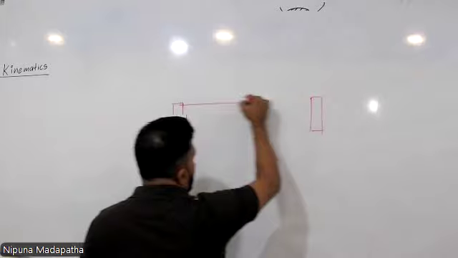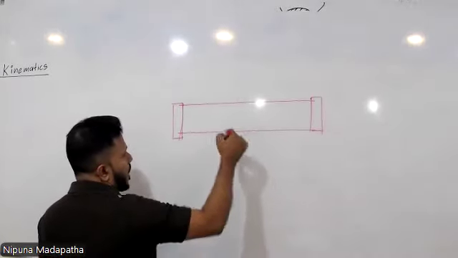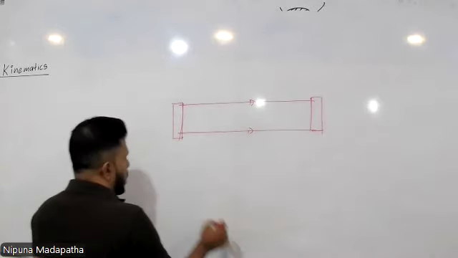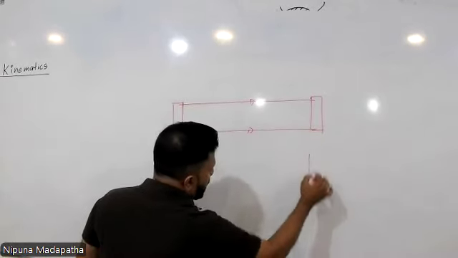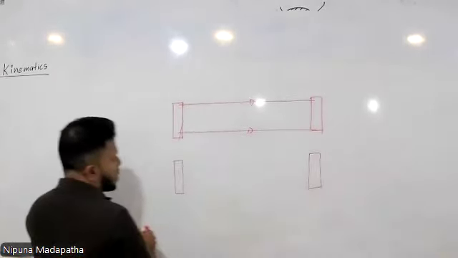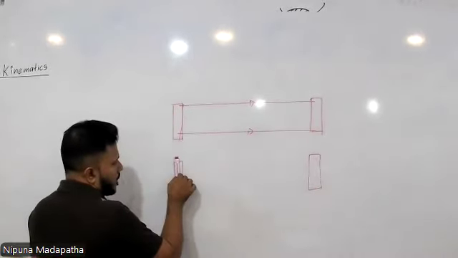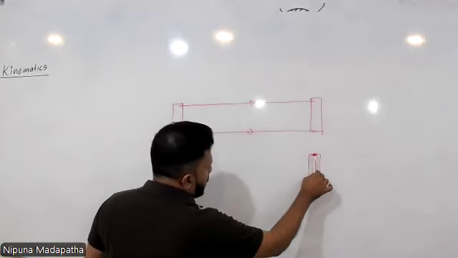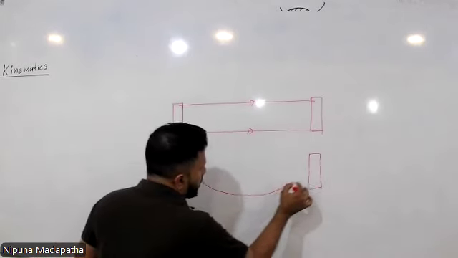All the particles have the same displacement, the lengths of the paths of the particles are the same. Or you can use another method: you can move this pen from this position to here like this.